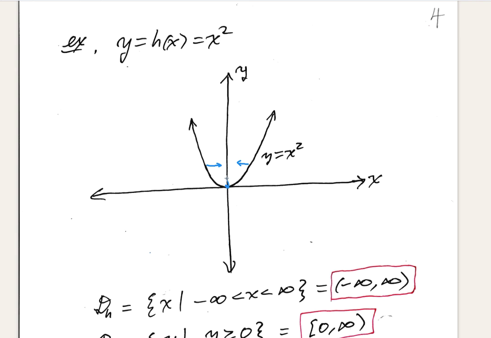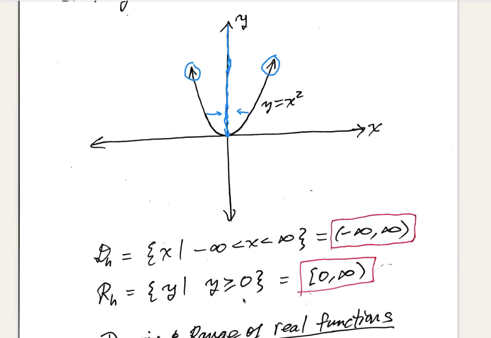Do you see I would get every value of y from 0, because obviously this is the origin right there, 0 to infinity. There would be no limit in this direction. That's indicated by these arrows here. You guys know what y equals x squared looks like. That's our quintessential parabola. So the range would be from 0 to infinity there.